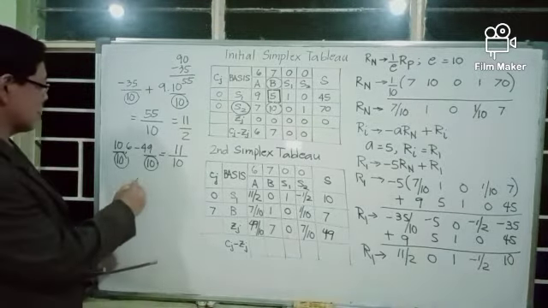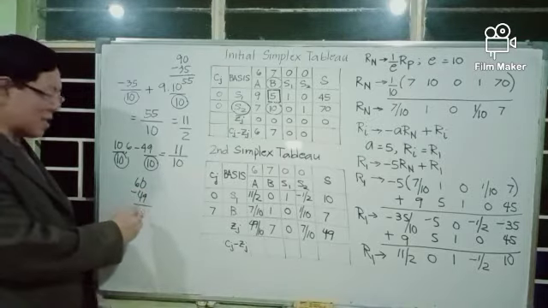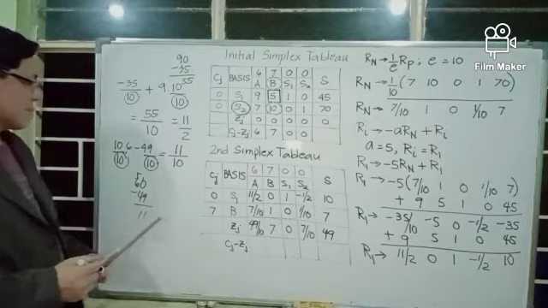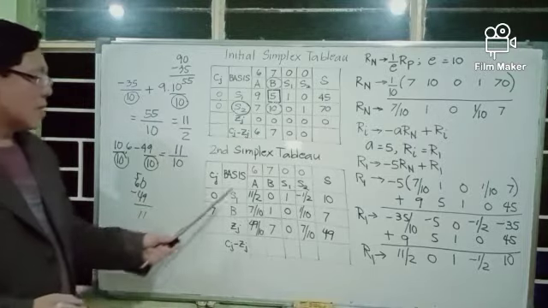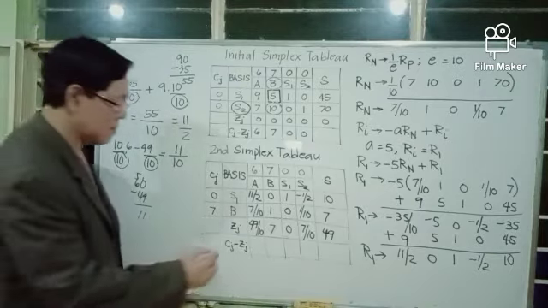Is that correct? 60 minus 49. 10 minus 9 is 1. And 5 minus 4 is 1. So 11 over 10. 6 minus 49 over 10 is 11 over 10.